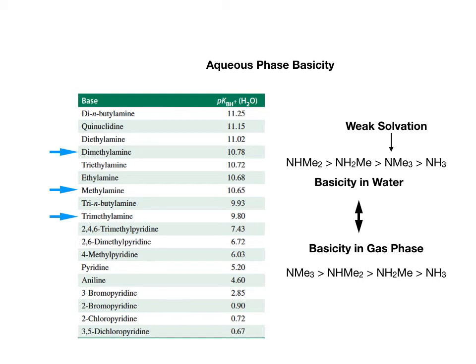Now, if the product is less stable, it will be less likely to accept a proton to produce the cation, and that makes trimethylamine a much weaker base than one would expect, based solely on the inductive effect. Okay, so this is a very classical case of solvation changing the sequence of basicity.